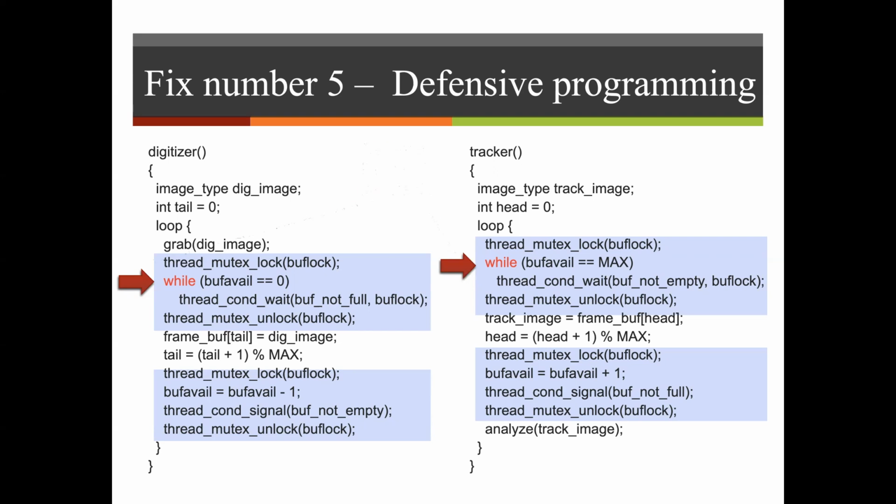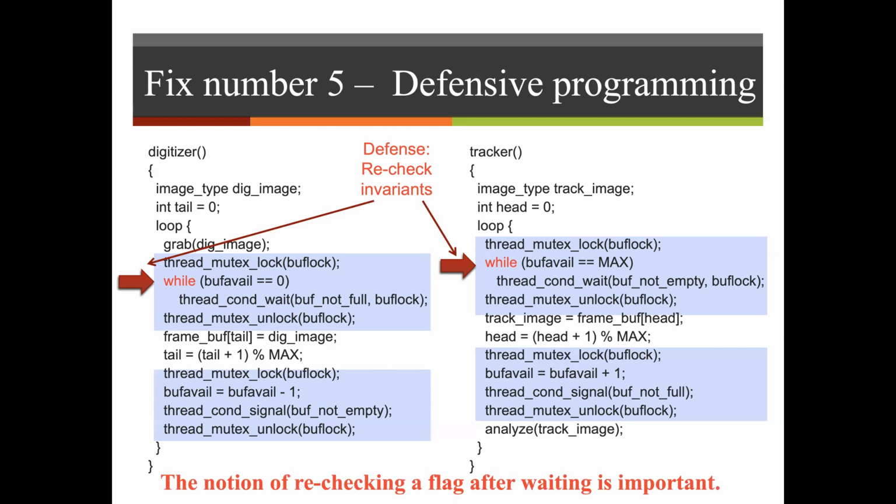And so we need to ensure that we have a recheck for those invariants. And in a recheck, we want to check the predicate and ensure that our initial condition has been satisfied for the program. And so upon rechecking, we want to ensure that we're able to continue the program and not have any synchronization issues occur.